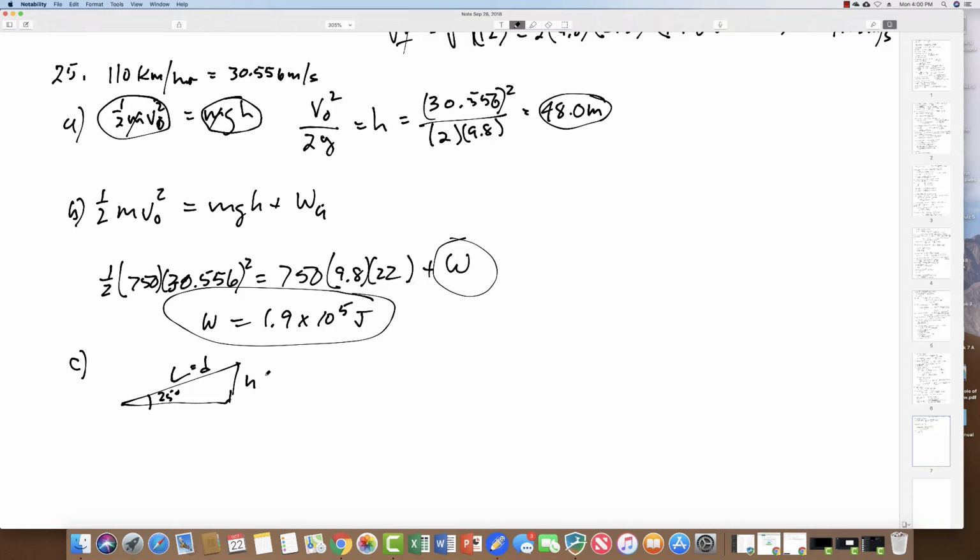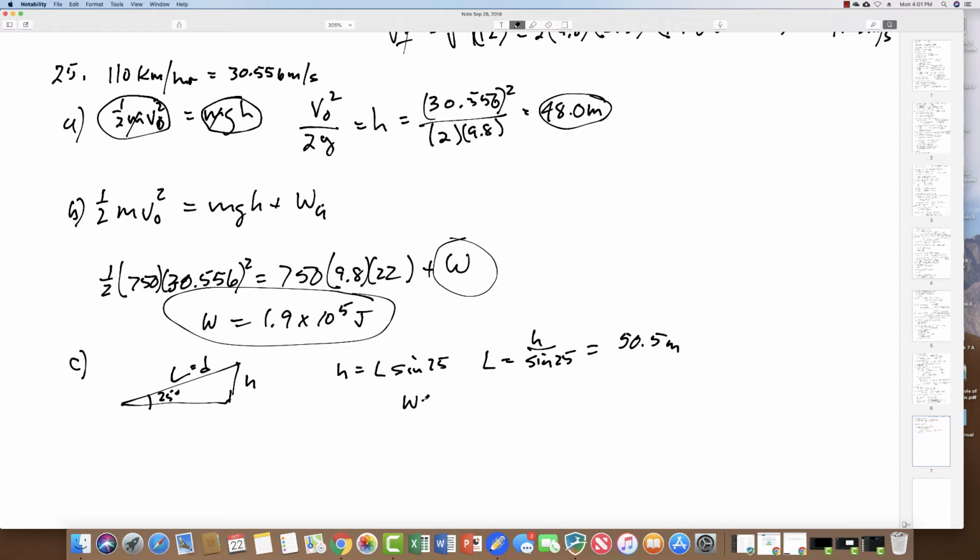And so the height is going to equal L sine 25 degrees. So L is equal to H over the sine of 25 degrees. If we put the numbers in, that's 50.5 meters in length.